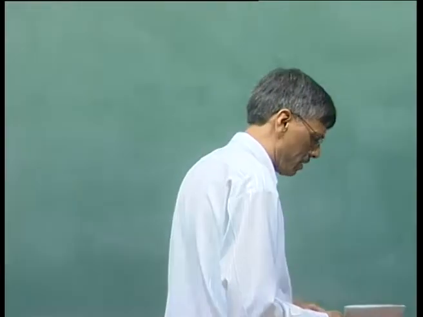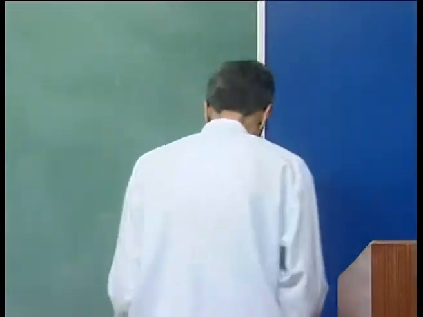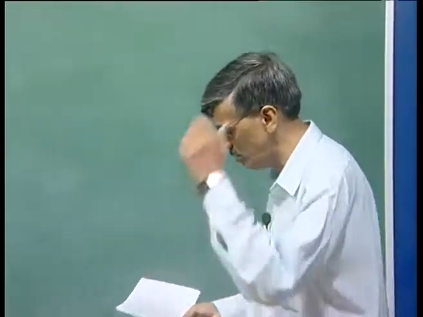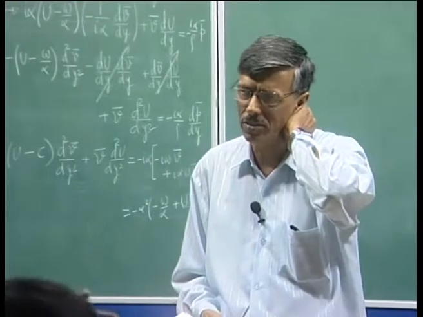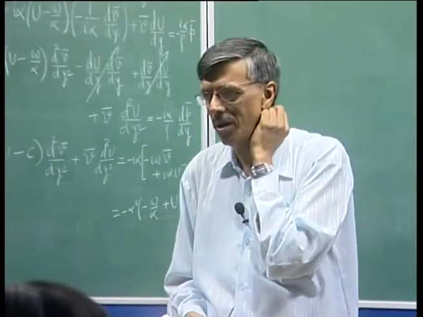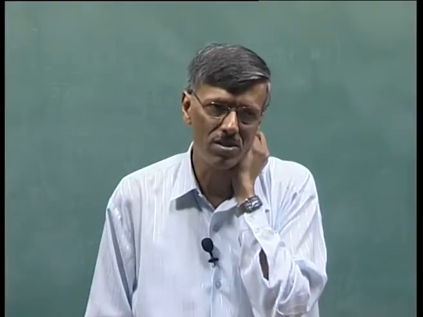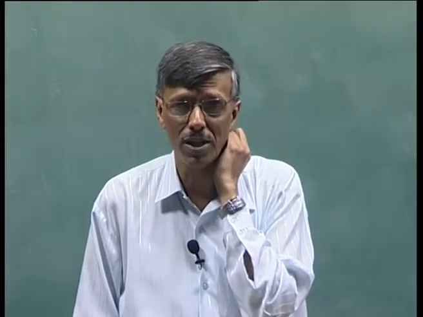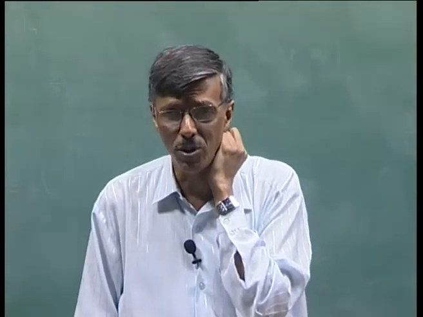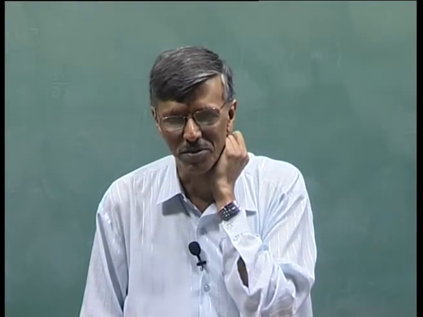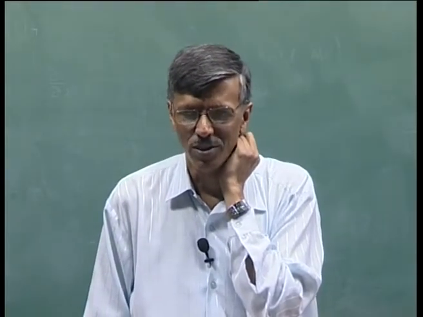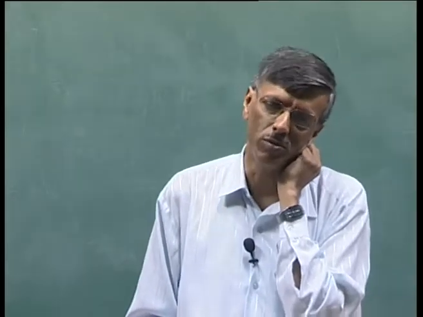So once you have that, it's very easy for you to look at it. Now, I said some time ago that in stability studies, you want to keep the condition as general as possible, and you try to have alpha and omega both complex. That turns out to be quite a difficult thing to do. So we have to adopt a point of view.